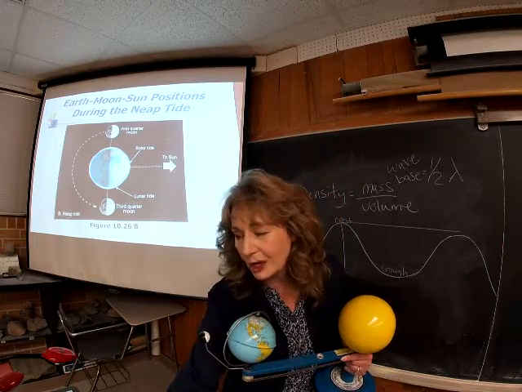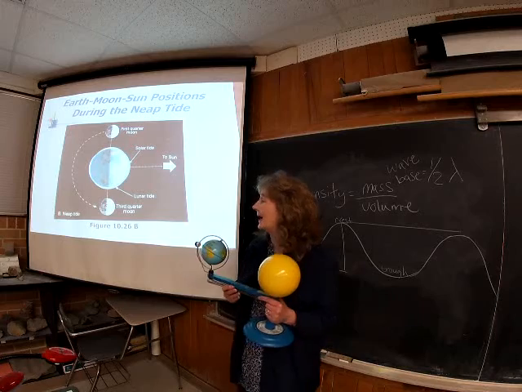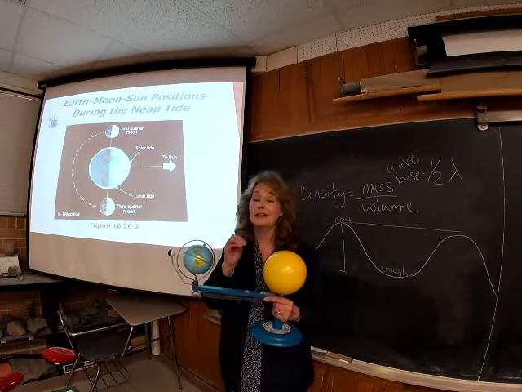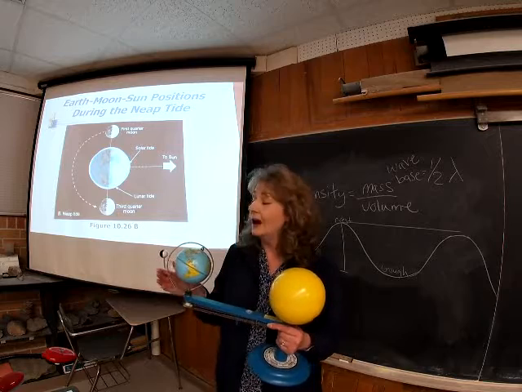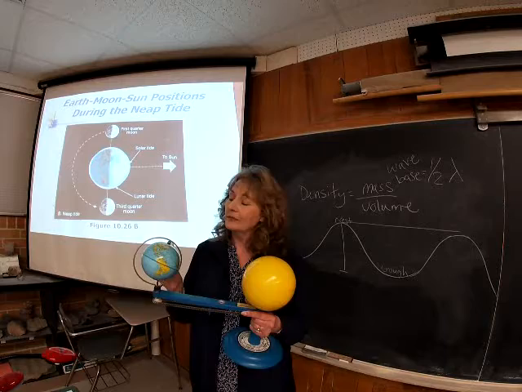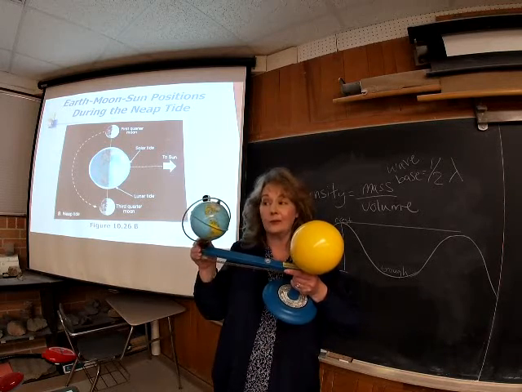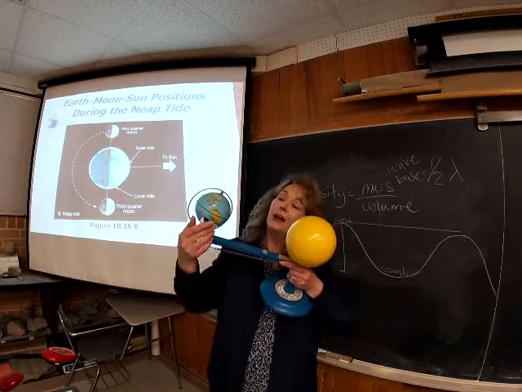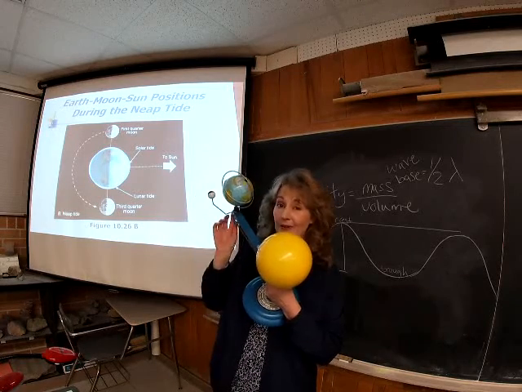The other one is called a neap tide, N-E-A-P, neap tide. So this has the least tidal range, okay, between highs and lows, and that's where you're going to have either the first quarter moon position or 2 weeks later the third quarter moon phase.